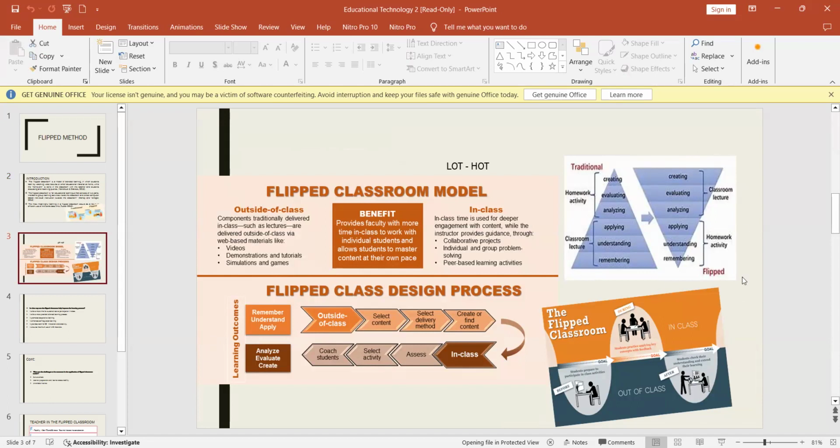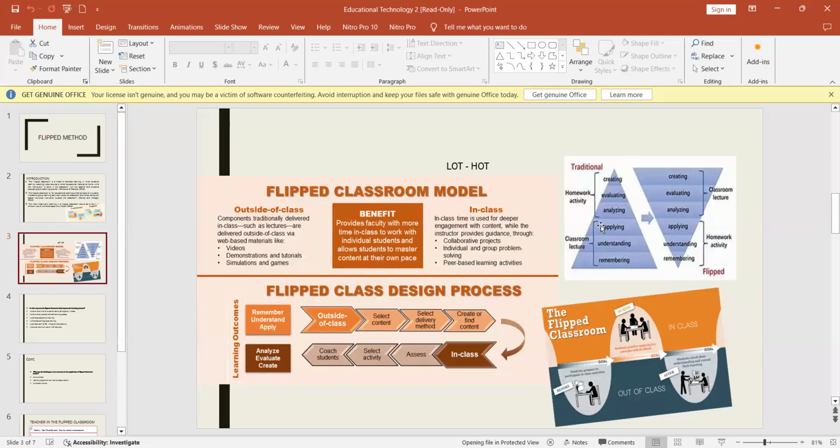In the traditional classroom, how do you get the learners to learn? You have to teach a lesson. You get the students to come to class, open the book. You explain all the facts in the book and get them to understand and remember and then apply.